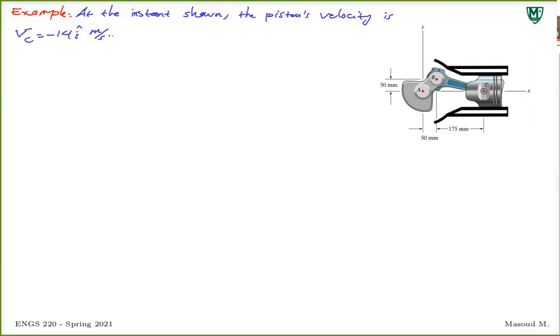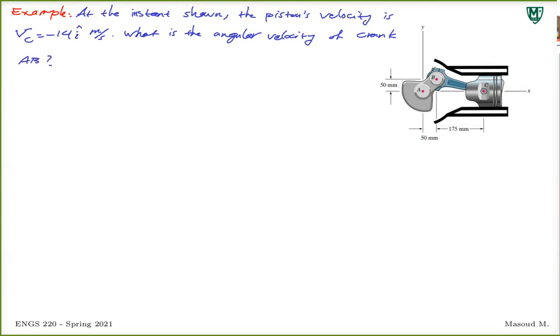What you're asked to find is the angular velocity of the crank AB. Crank AB.